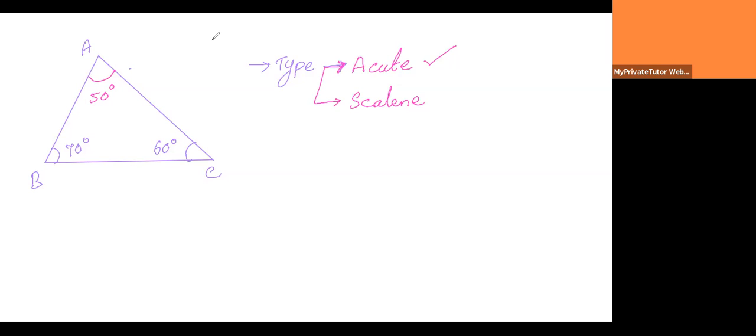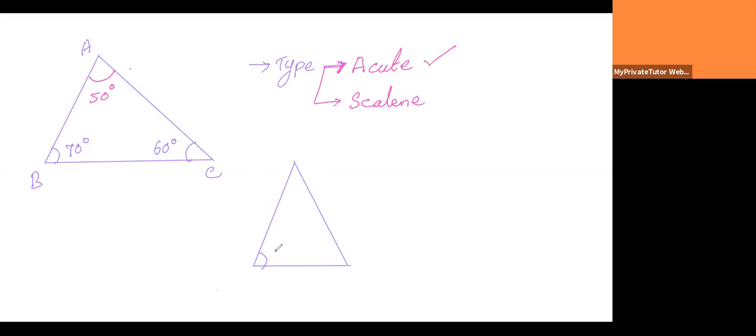Okay, give one more question now, just a second. Just a moment, guys. Yep, here it is. So this angle is 40. 40 is too much. Let's take 50.